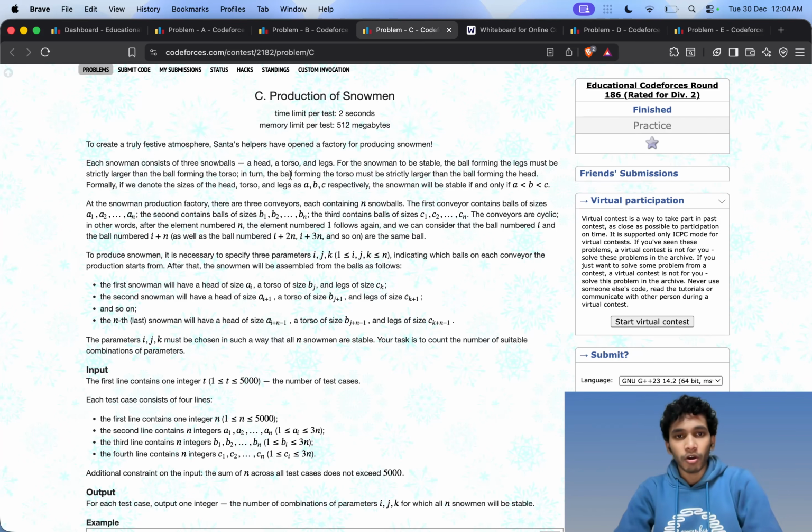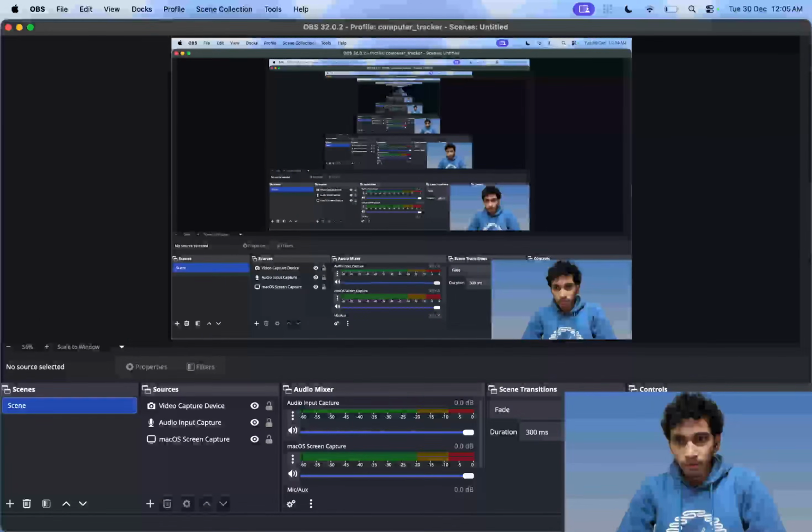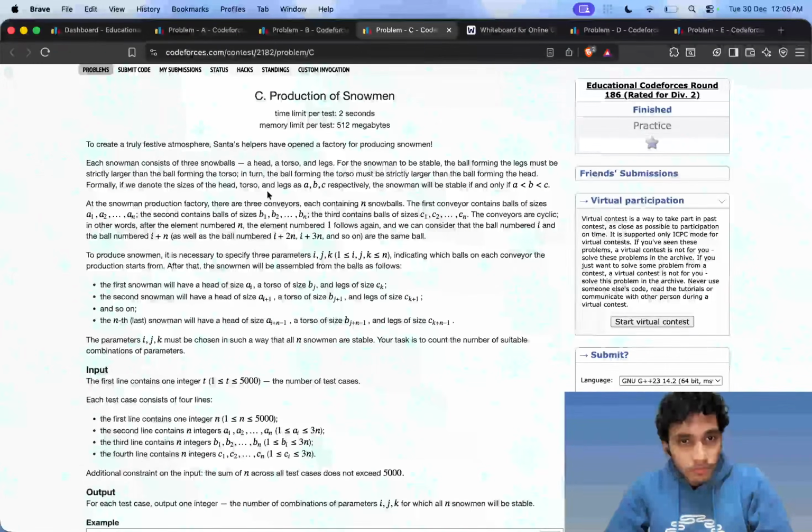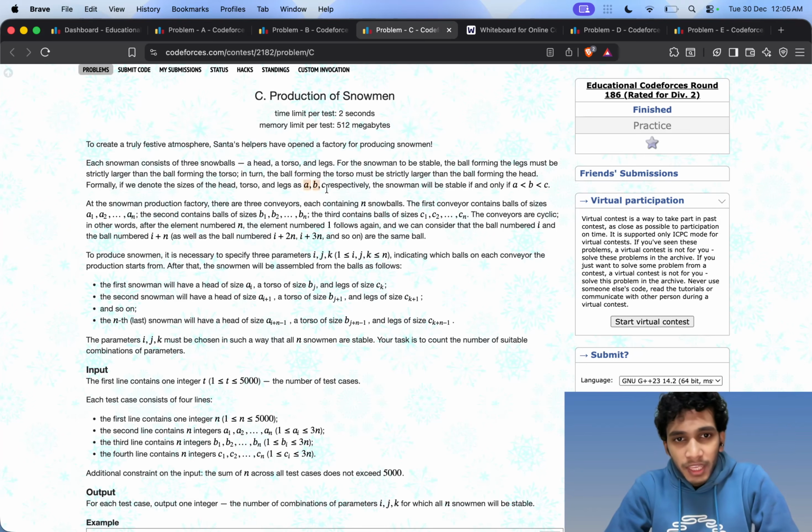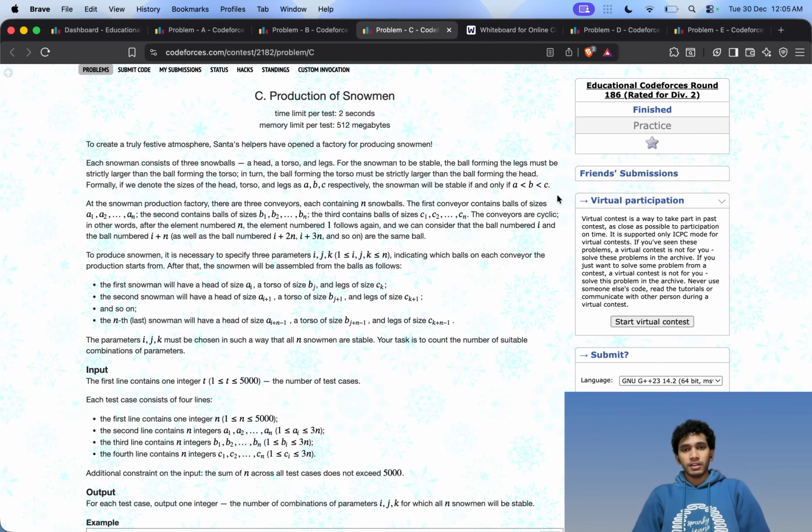In turn, the ball forming the torso must be strictly larger than the ball forming the head. Formally, if we denote the size of head, torso, and legs by A, B, C respectively, the snowman will be stable if and only if A is smaller than B is smaller than C. That is, the head is smaller than the torso and the torso is smaller than legs.